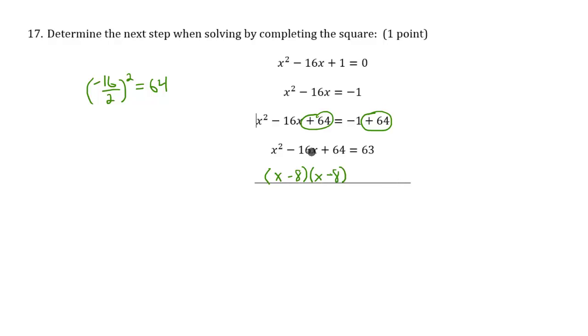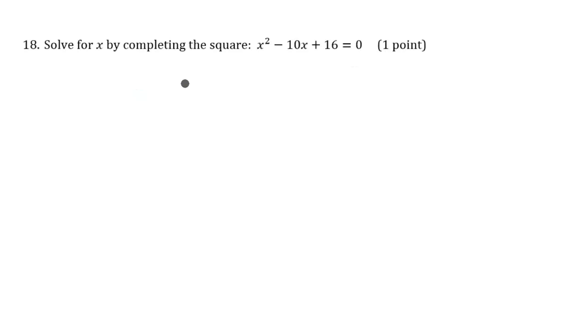That's going to be the factors of this trinomial. We still have 63 on this right side, and if I have two binomials that are the same, I could write it as the quantity of x minus 8 squared. That will be 63 as well. So that would work for a final answer too.